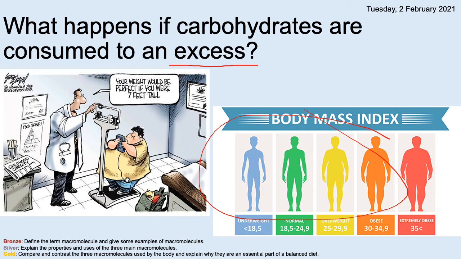It is a measurement of your weight and your height, and it is compared that way. That's why I put this cartoon here saying your weight would be perfect if you were 7 feet tall, because that would be his BMI that they were relating to there. Unused energy is stored as fat, and that leads to an increased body weight. Also, excessive sugar consumption can lead to dental problems such as decay. So eating lots of fruit sugars can cause more damage than good sometimes.